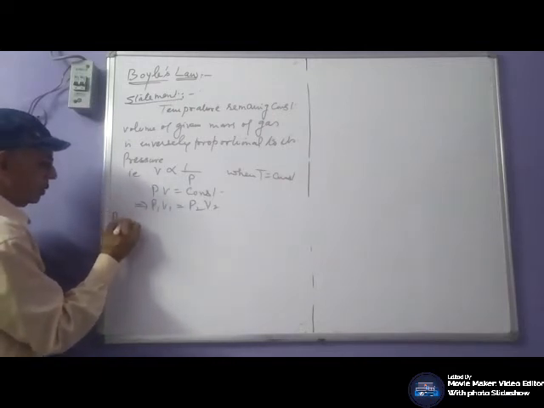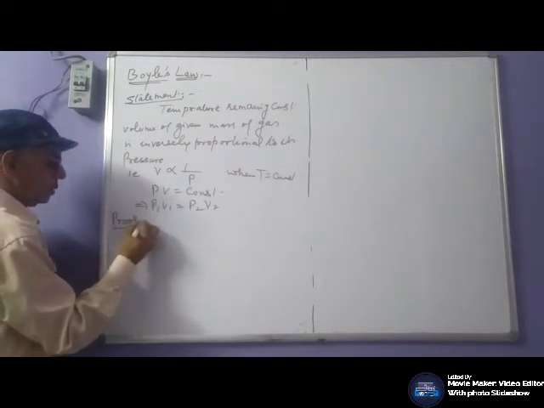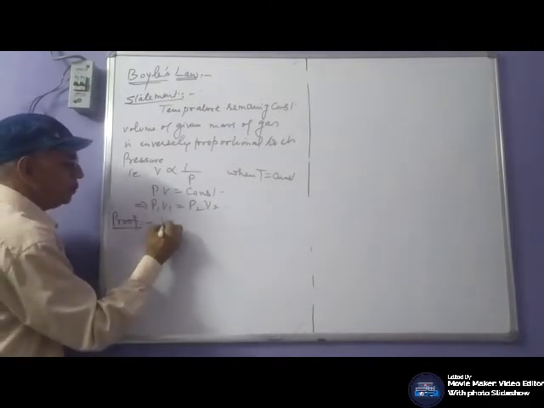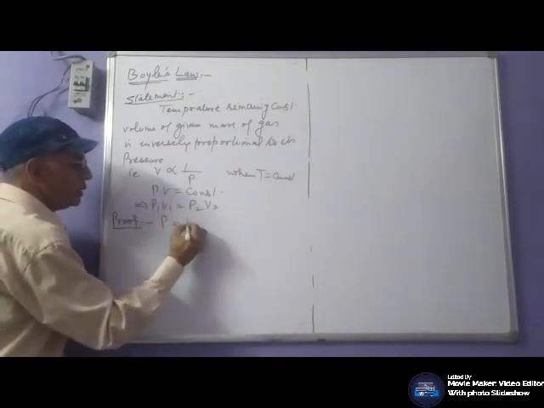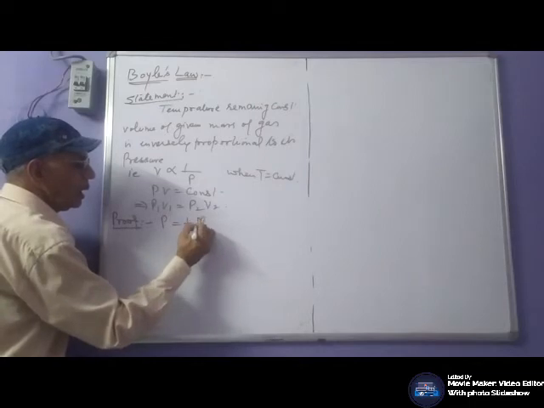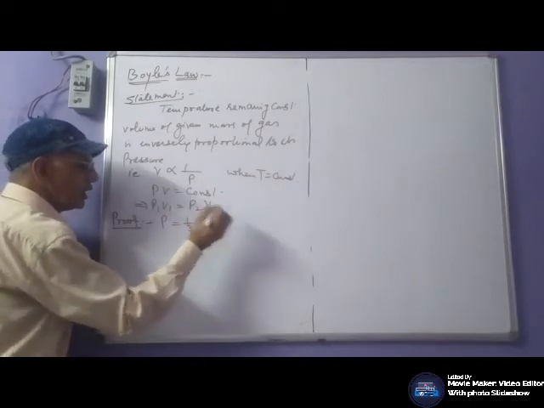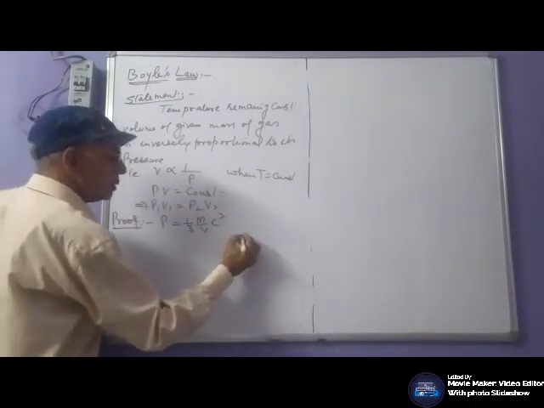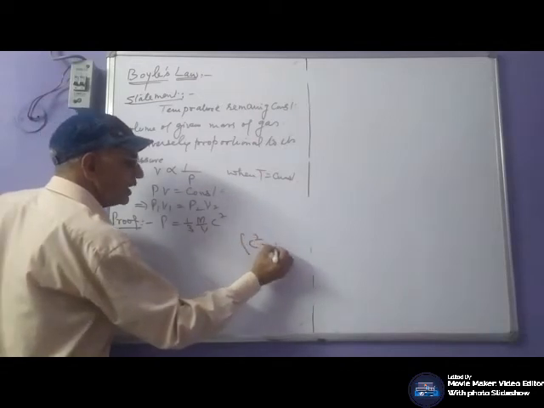Proof. P is 1 by 3 m by V c square. C square is kT.